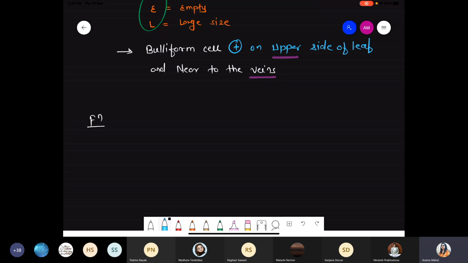So next part, we are talking about the function of the bulliform cells. Bulliform cells are responsible for rolling and unrolling of the leaf depending upon conditions. The first condition: if water is present in high amount inside the soil, you know very well that water absorption is also more, right?